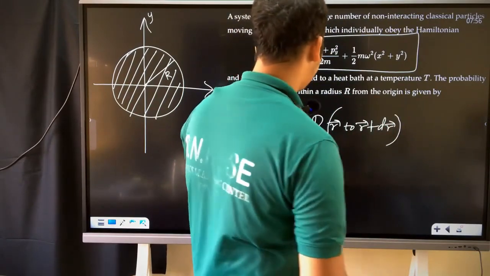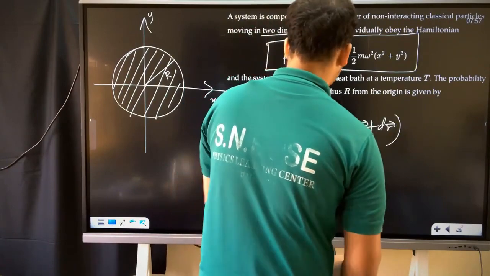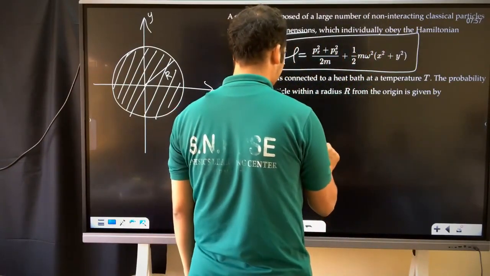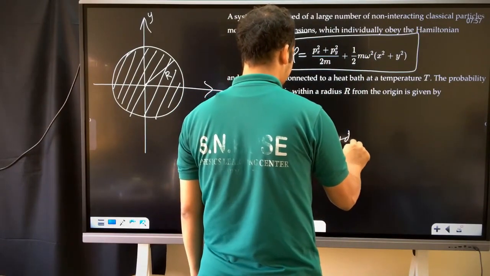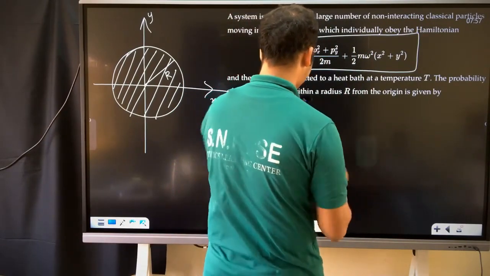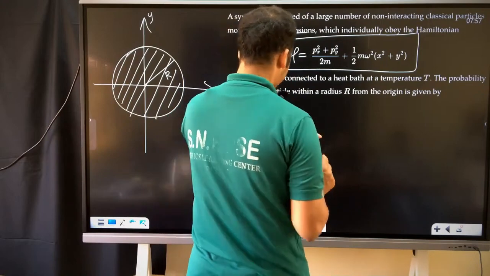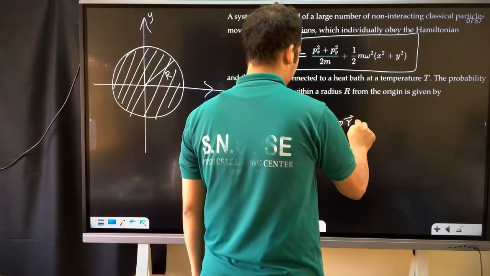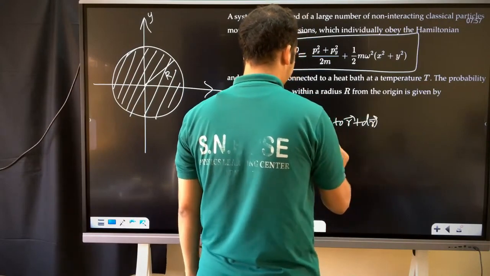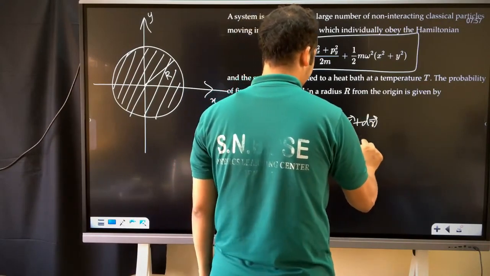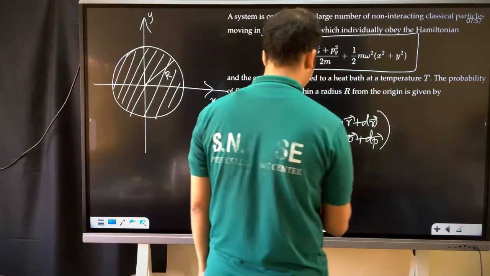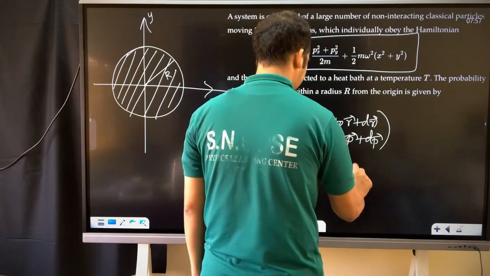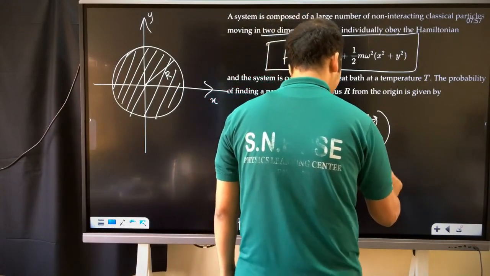I'll write the actual probability of finding the particle from r to r plus dr, p to p plus dp. That we have written as rho of r comma p, d square r, d square p.